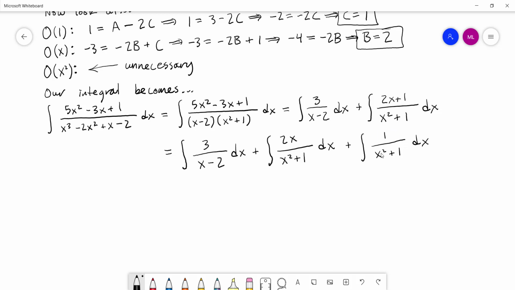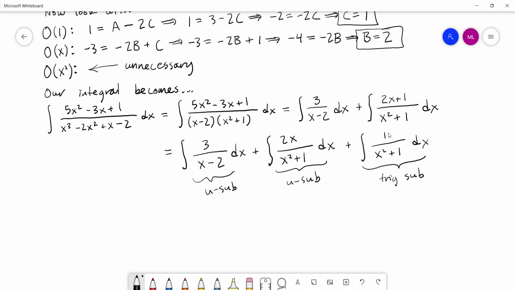So there's my indication. I've got one of these terms raised to some power, and I don't have what I would need to make it a u substitution. So this is going to be a trig substitution. So a u sub, and a trig sub.